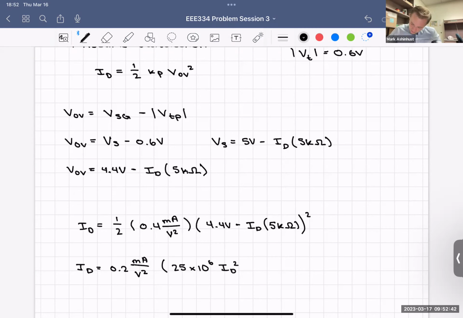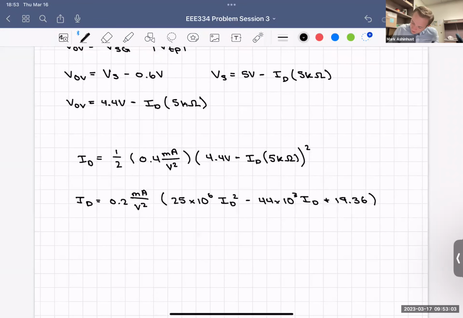So simplify it: ID squared minus 44 times 10 to the 3 ID, plus 19.36. So that's that foiled out. Then I'll multiply by 0.2 milliamps, which is really going to knock everything down. So we end up getting ID is equal to 5K ID squared minus 8.8 ID plus 0.003872, which I could probably do just 38.